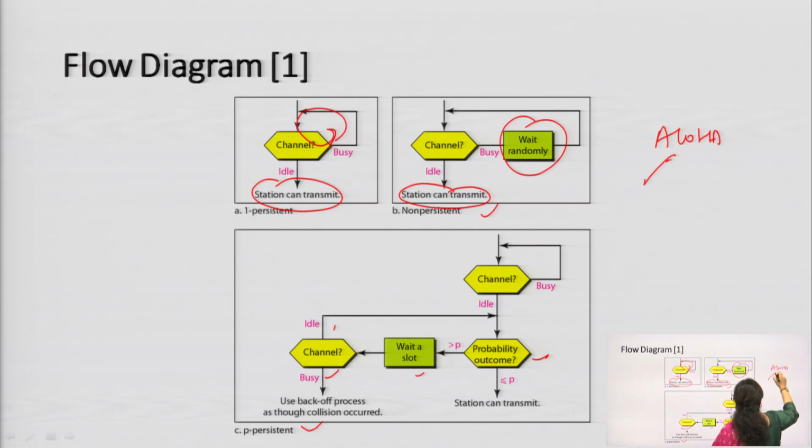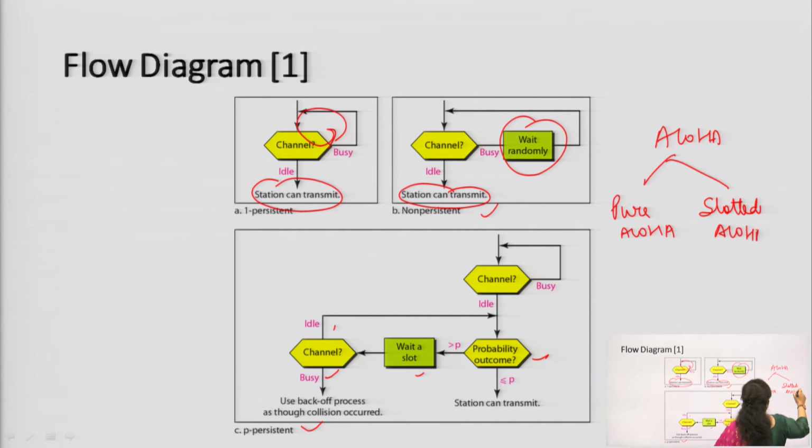Then we have seen two different types of Aloha, pure Aloha and slotted Aloha. We have seen its flow diagram and how the data will be transmitted in Aloha, and then we have seen these persistent methods.